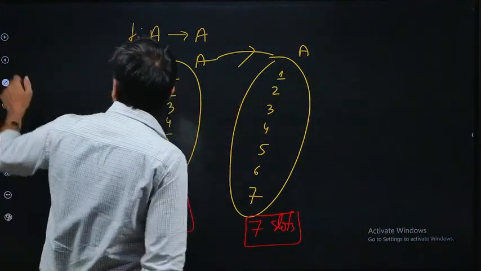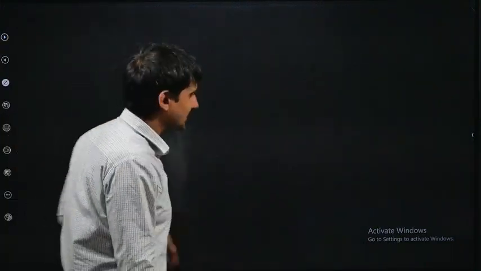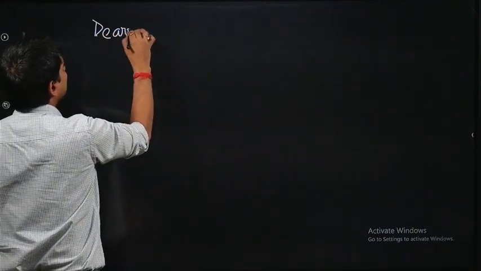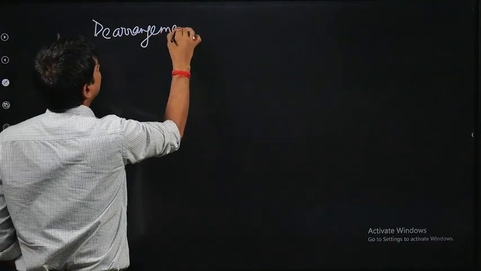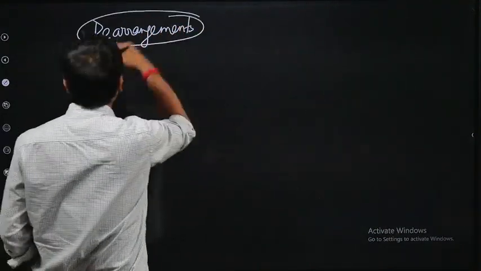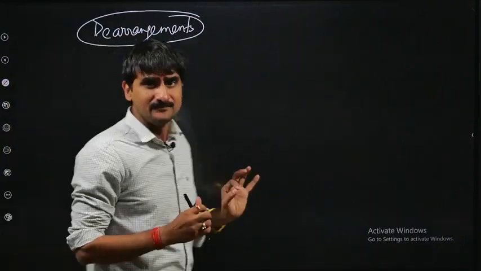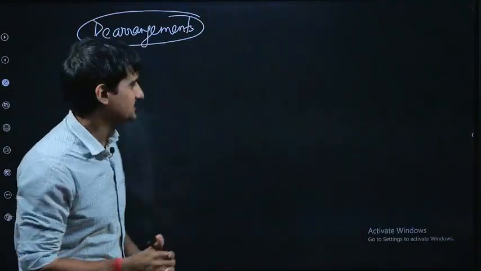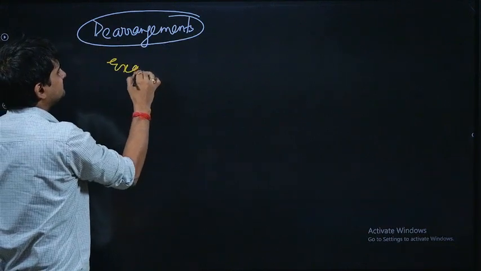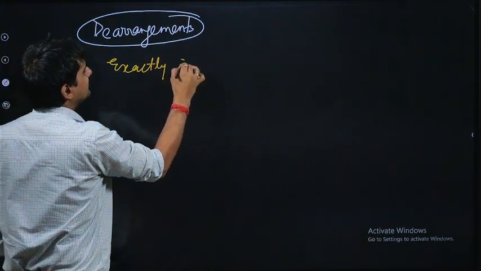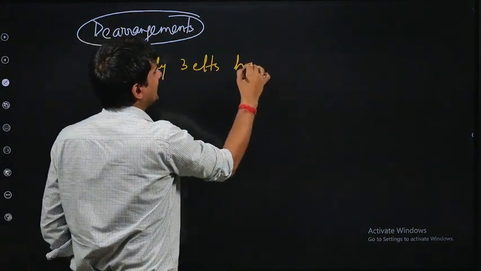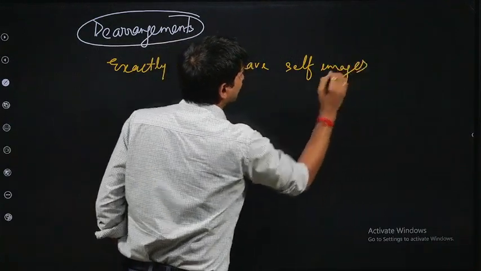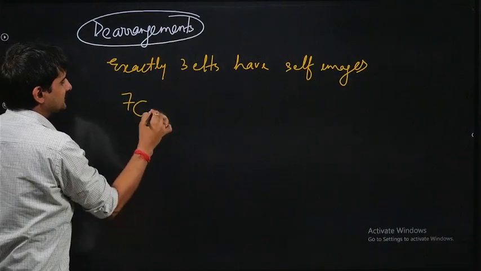Now see, how did I approach it? I tried two different ways. One is using derangement. We have already seen questions on derangement in detail, so I'm just using it here. How? When exactly 3 elements have self images. Now which 3? First, 7C3. Now what about the others?